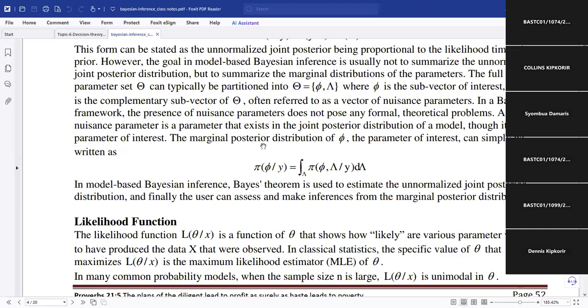The marginal posterior distribution of theta, or of a subvector of interest, that is the parameter of interest, can simply be written as pi of that subvector of interest given y, which is the integral across this given parameter space, or these other spaces here.